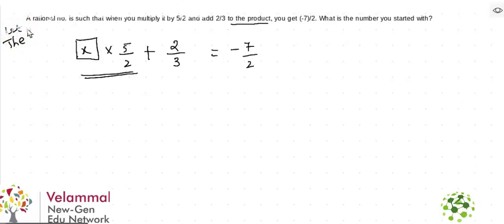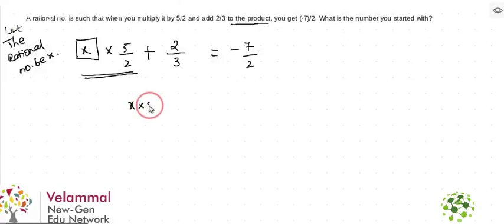Let the rational number be x. Don't start with p by q. Don't confuse. We are learning linear equations in one variable. Even then, any unknown is taken as x. Don't take two variables, p by q, just because they have given rational numbers.